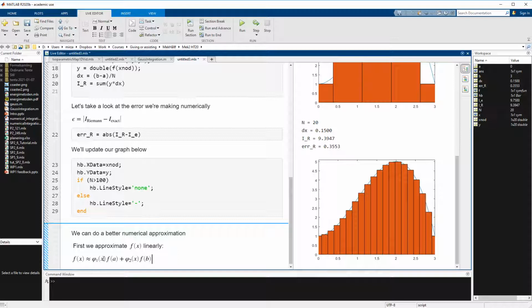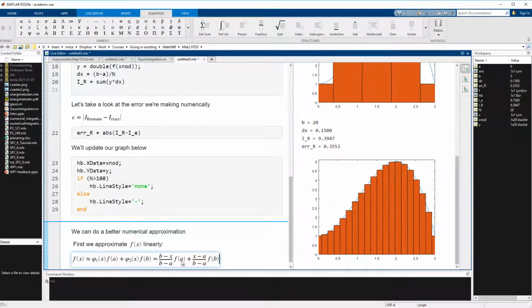And I will just denote these using phi1 and phi2, because you know what these are. You have been playing around with this. So using linear interpolation basis functions here, we will get to this, which you have seen earlier. It's just we're dealing with endpoints here, so we're evaluating f in the endpoints instead of continuously everywhere.